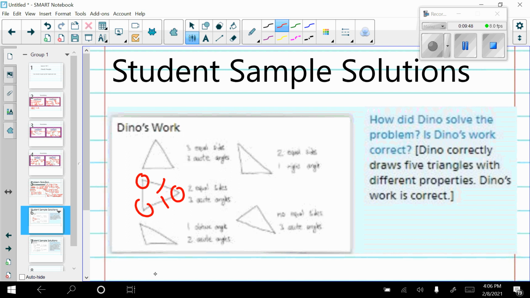Here's a scalene. We have 1 obtuse angle and 2 acute angles. Here we have 2 equal sides and 1 right angle, isosceles. And here we have a scalene. There is no equal side and 3 acute angles. That kind of looks like a right angle, but it's not. So Dino did a great job.